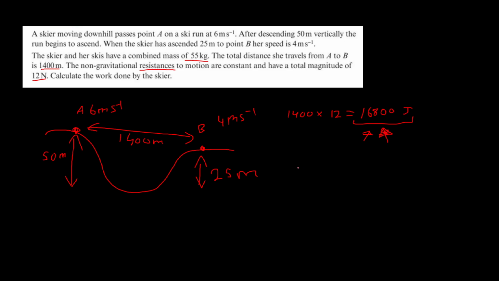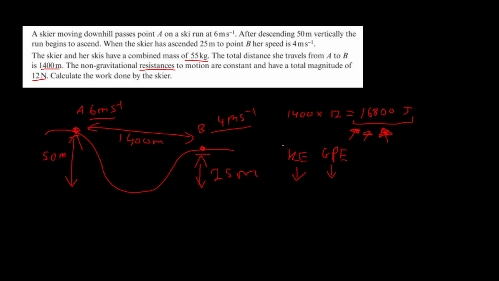But remember that kinetic energy and potential energy are also doing work to assist the skier in moving. Notice how their speed decreases and also their height decreases. So both their kinetic energy and their gravitational potential energy decrease.